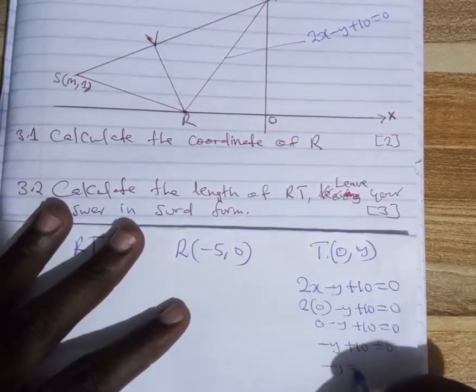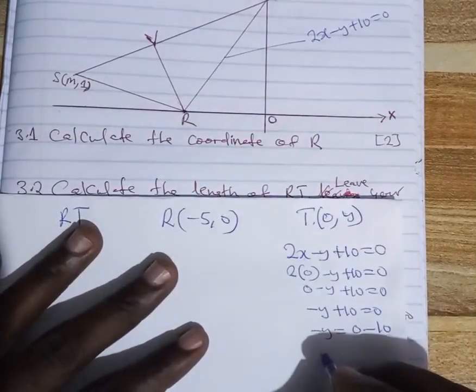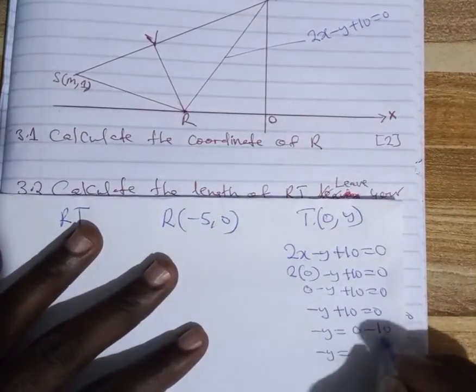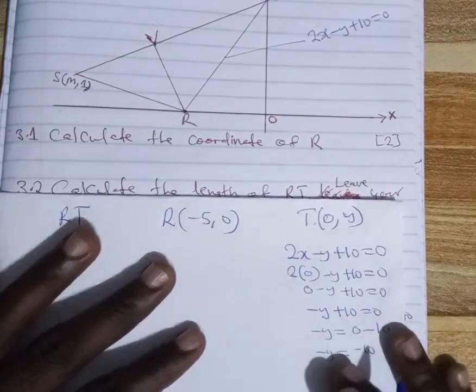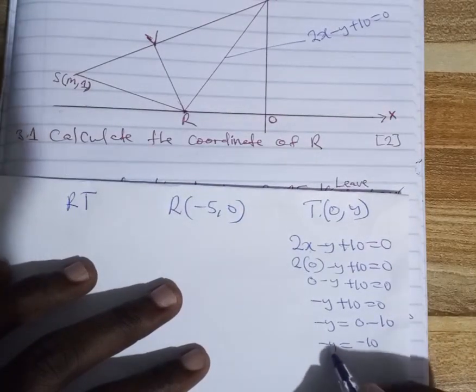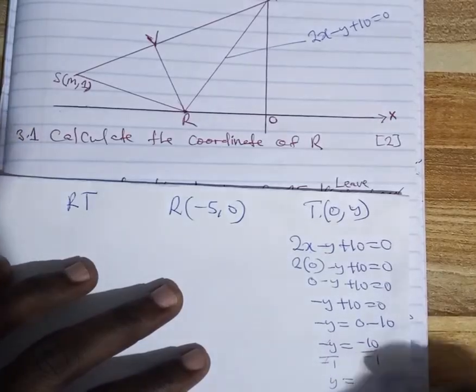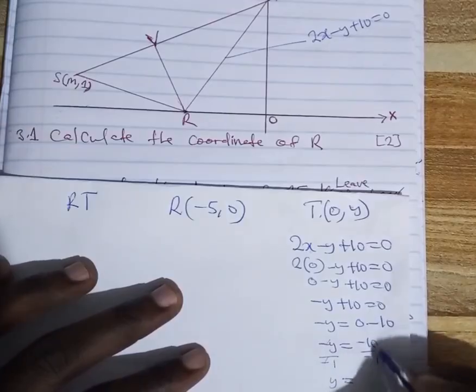So negative y is equal to 0, and the 10 will come this side as minus 10. So negative y equals 0 minus 10, negative 10. How do you find the value of y? Just divide by negative 1. So y is equal to positive 10.